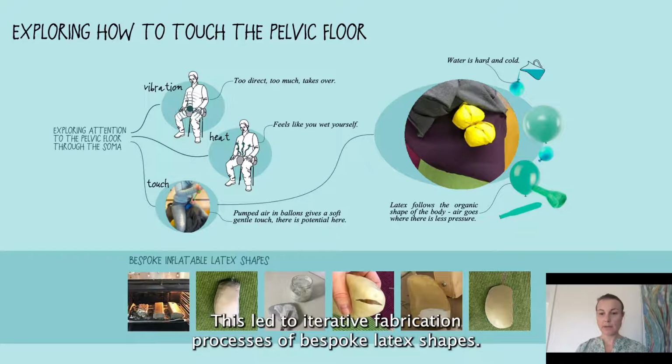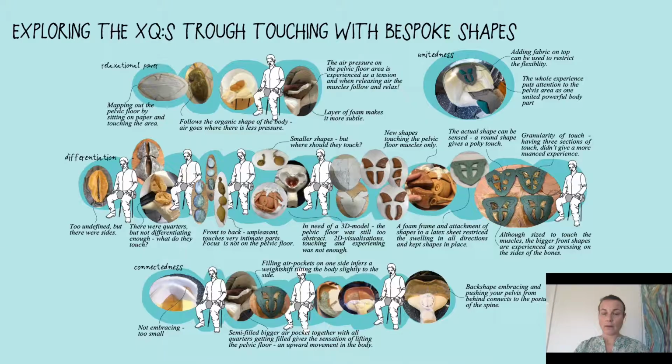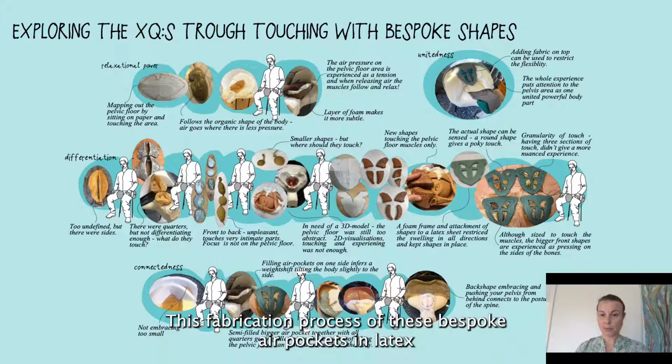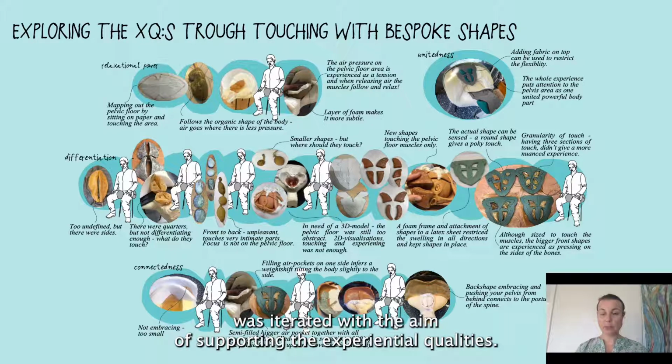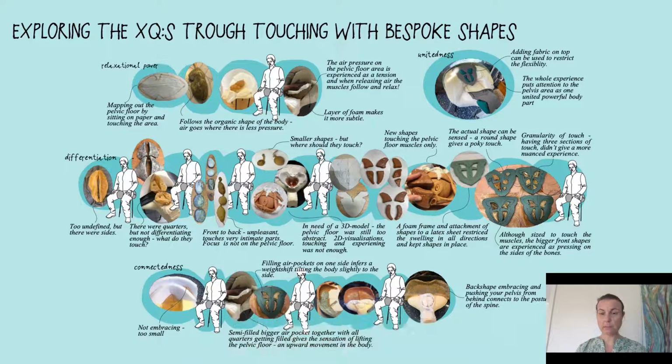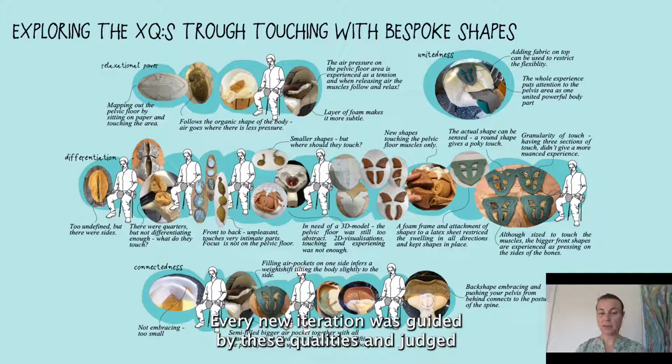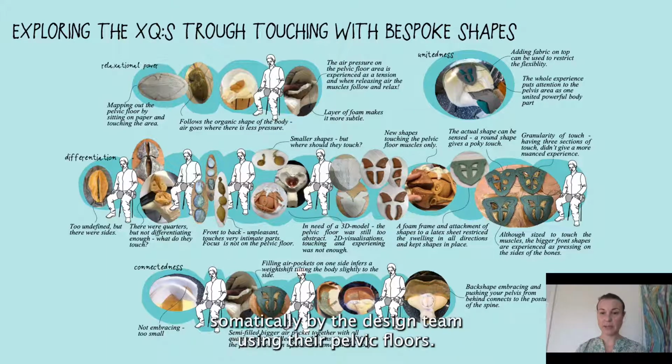This led to iterative fabrication processes of bespoke latex shapes. This fabrication process of these bespoke air pockets in latex was iterated with the aim of supporting the experiential qualities. Every new iteration was guided by these qualities and judged somatically by the design team using their pelvic floors.